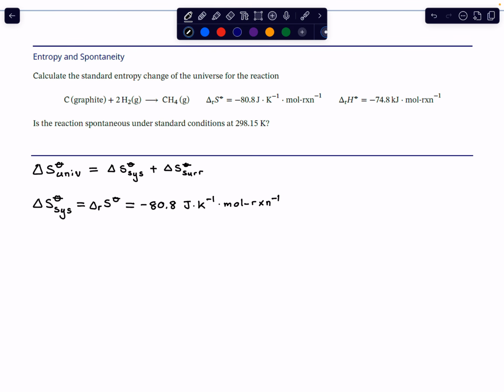The one that takes a bit more thinking is, of course, the entropy change of the surroundings. Because the surroundings are affected by the reaction in terms of how much heat is released or absorbed by the reaction.